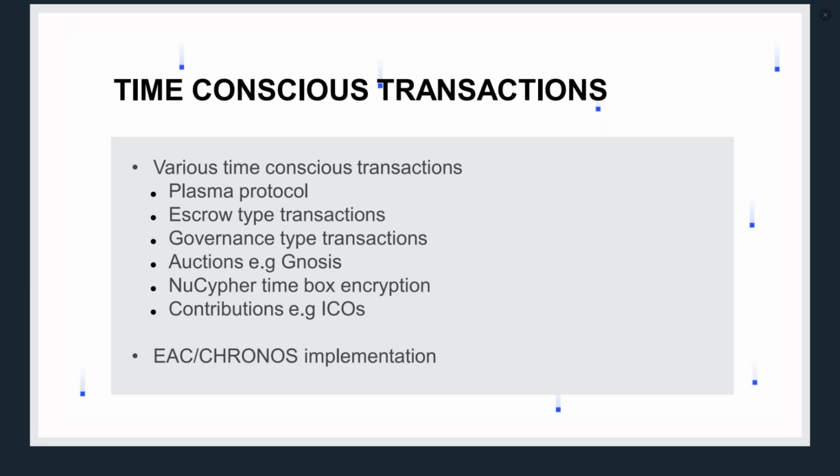So time conscious transactions are just those that depend solely or a lot on time. Say, for instance, sending funds in the next 3 hours when you're tired and want to take a nap, things like that. So onto the Plasma protocol, which is one of the scaling solutions on Ethereum right now.